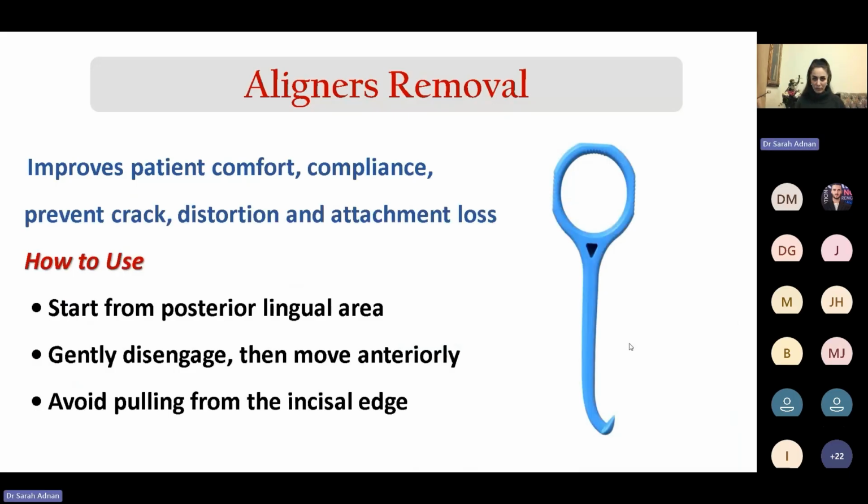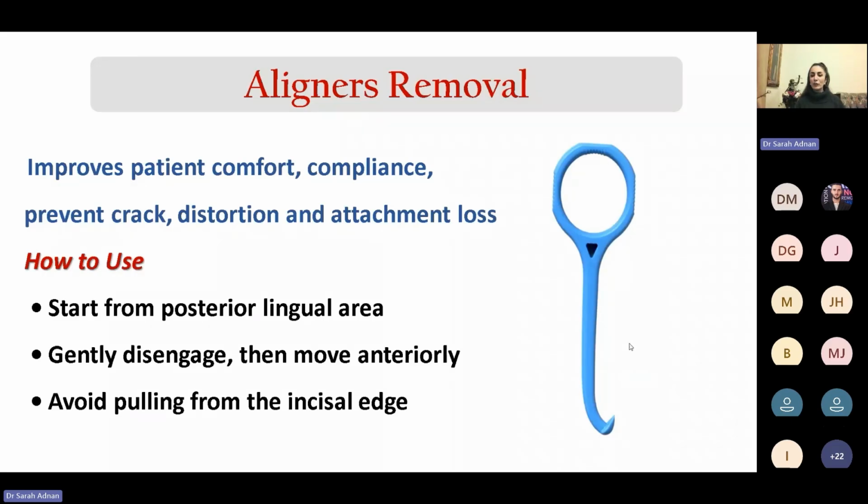Another important tool that is essential to improve patient comfort and compliance, prevent cracking, prevent distortion, and prevent attachment loss is the aligner removal tool. The aligner removal tool is very important.